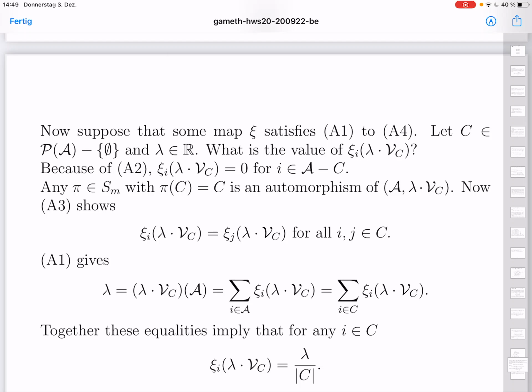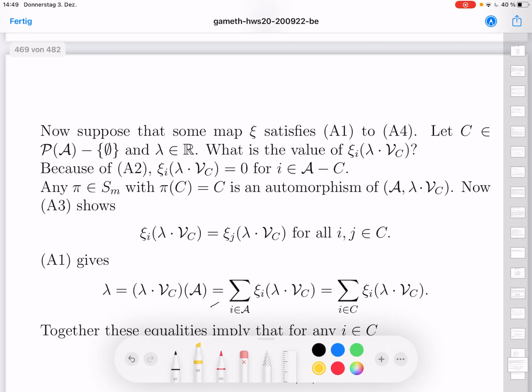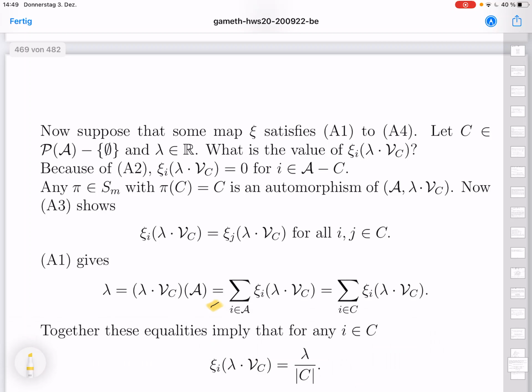And finally, A1, this axiom of efficiency or collective rationality, gives us the value of lambda times Vc on A. Lambda times Vc on A is just lambda because Vc on A is equal to 1. And the axiom tells that it is equal to the sum of psi i of lambda times Vc.